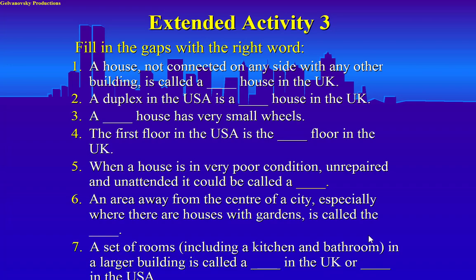A set of rooms, including a kitchen and bathroom in a larger building, is called a gap in the UK or gap in the USA. Please stop your video now. Use a piece of paper for filling the gaps. If you're not sure what answer to choose for every specific gap, please rewind your video and watch the appropriate information again.